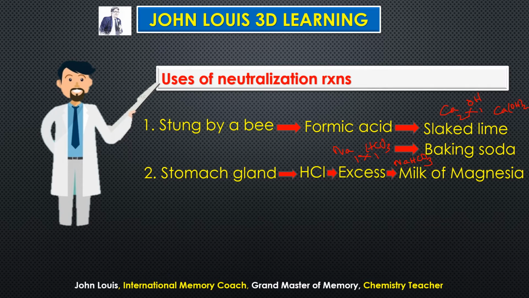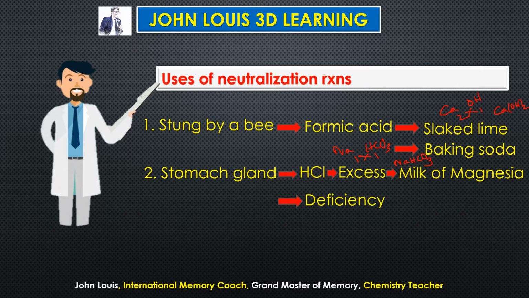Hydrochloric acid is an acid, and milk of magnesia is a weak base, so you can consider it a base. Therefore it neutralizes that acid. That is why we will not get the irritating or burning sensation afterwards. In order to neutralize that burning sensation, we give milk of magnesia when the hydrochloric acid secreted in the stomach gland is in excess.